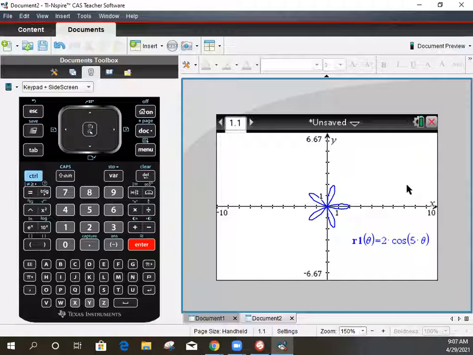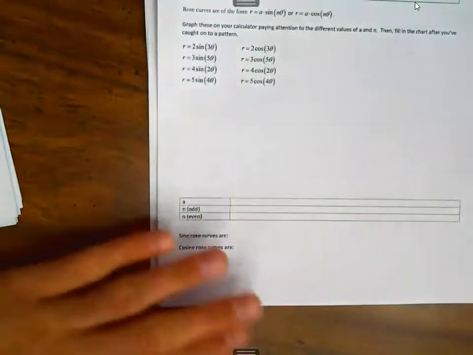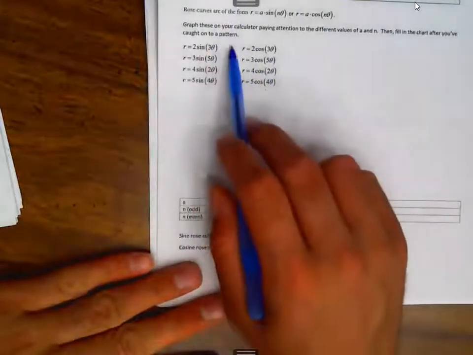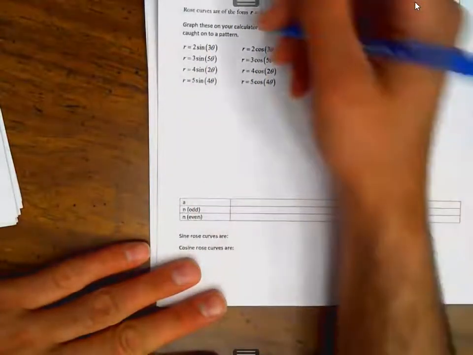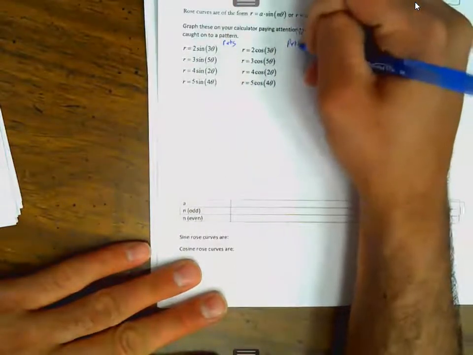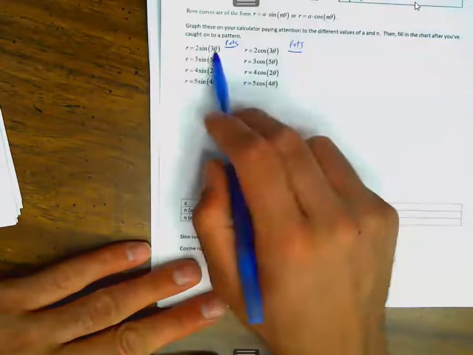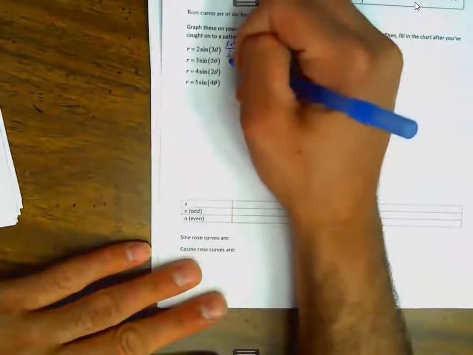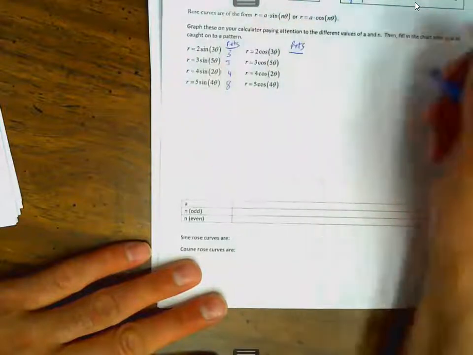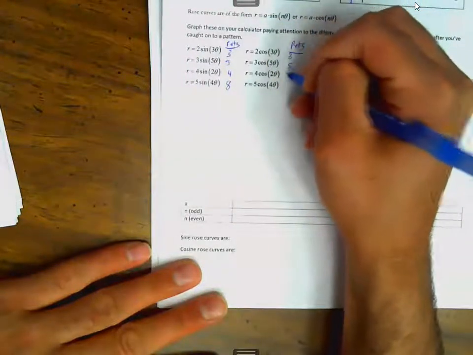All right. So let's just summarize that on our little notes here. If I write pets for petals, this had 3 petals, this had 5 petals, this had 4 petals, this had 8 petals. 3, 5, 4, 8.